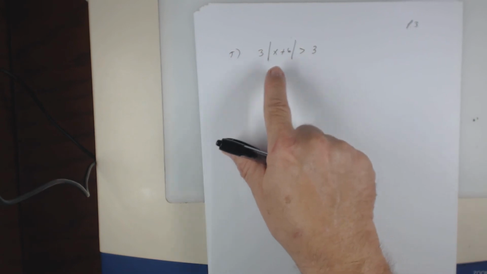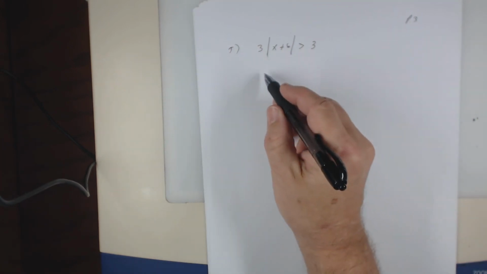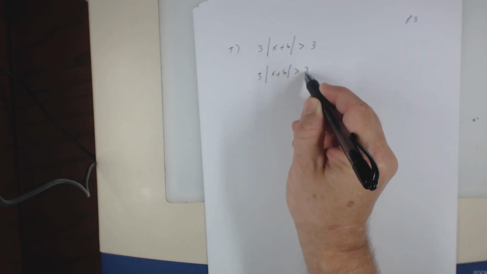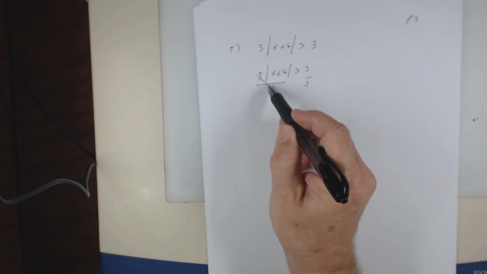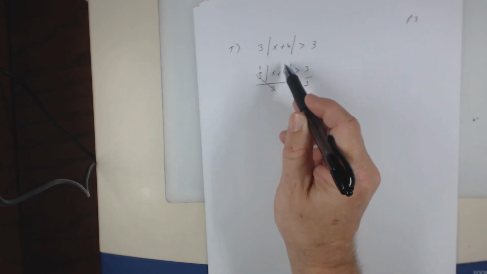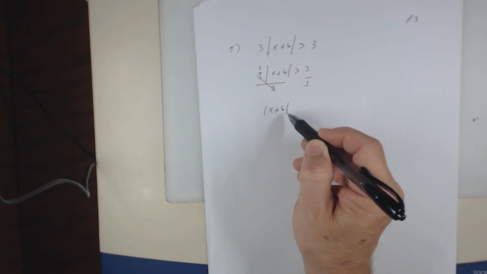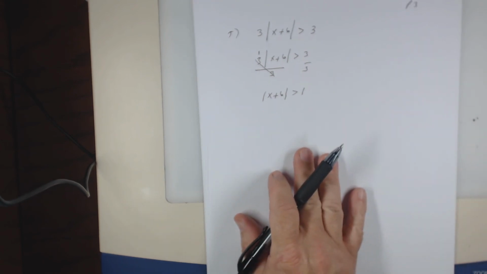So you want the absolute value by itself. Right now it's being multiplied by what? 3. So I got to do what to both sides? Divide by 3. So I'm dividing by 3, correct? 3 divided by 3 is 1. 1 times the absolute value of x plus 6 is the absolute value of x plus 6 is greater than 1.